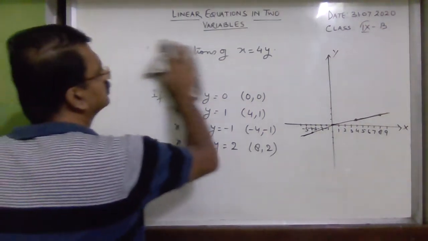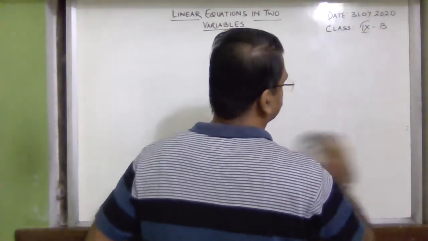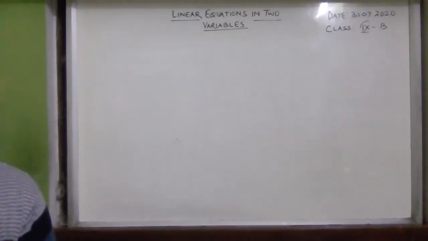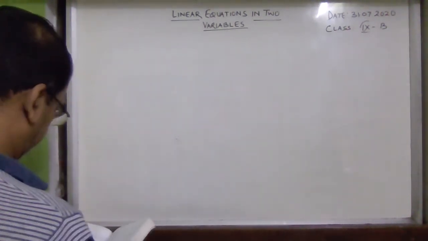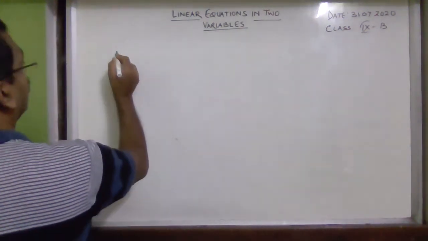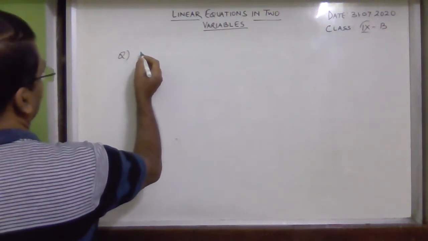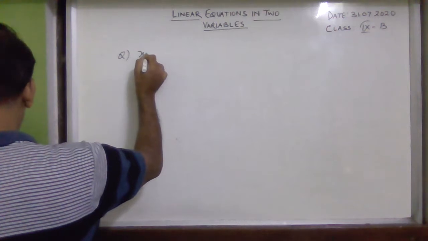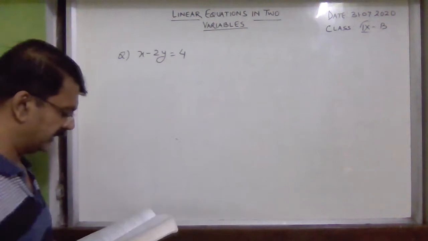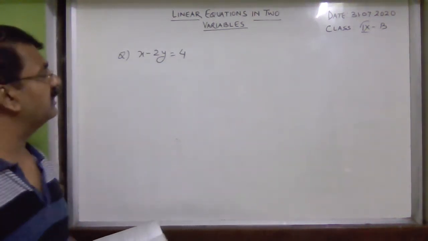Next question. In the next question, they have given a linear equation in two variables, and you know that a linear equation in two variables can have infinitely many solutions. And now they have given few solutions.